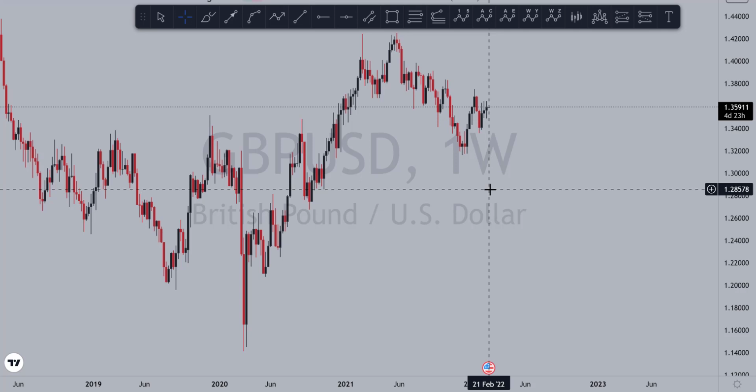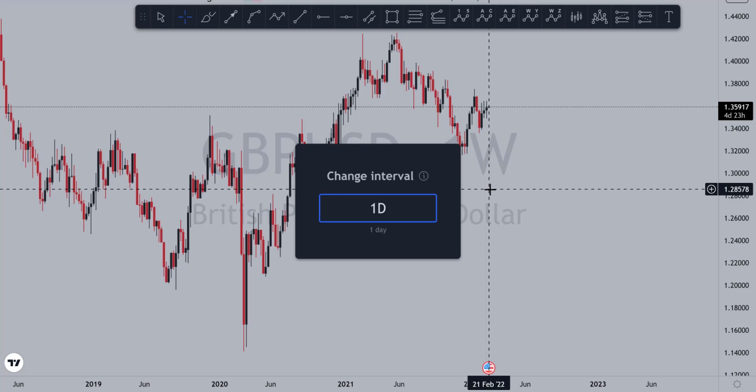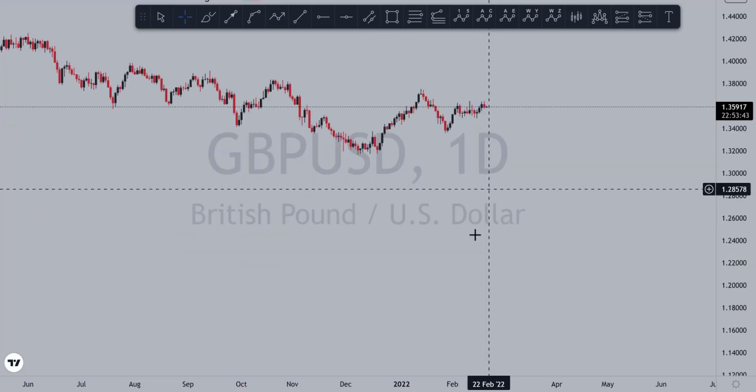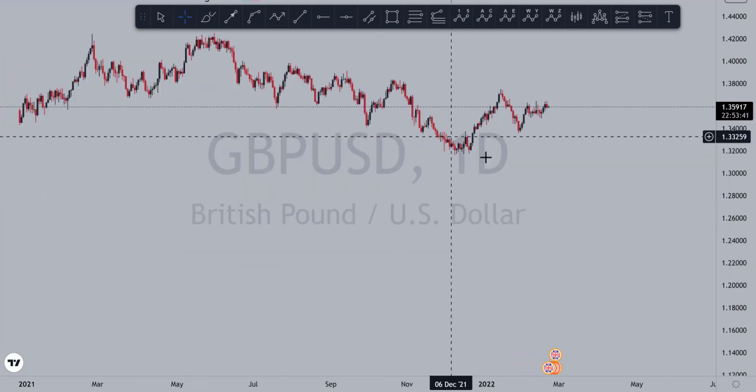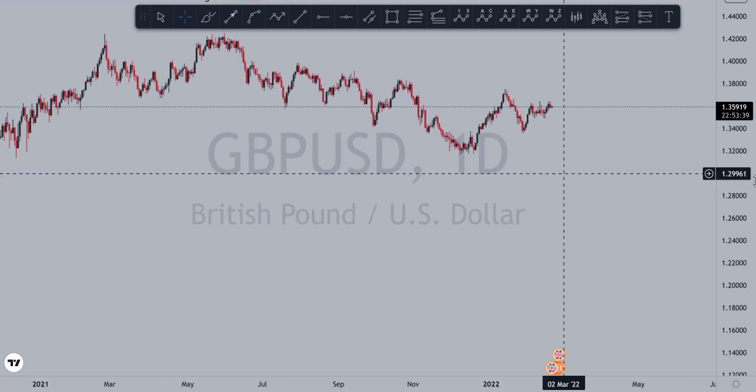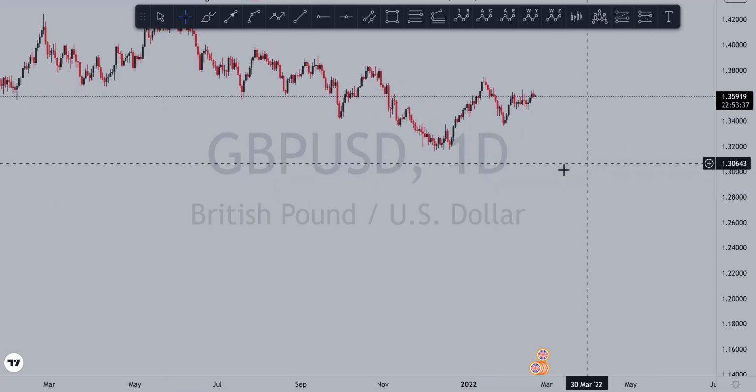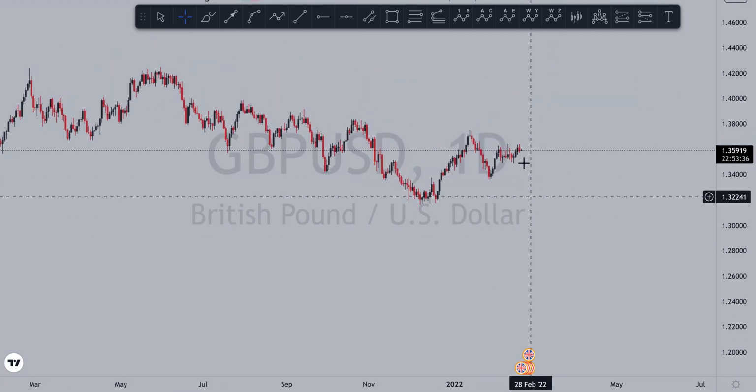So let's just go to D1 time frame and see what we have on D1 time frame and see if it's confirming what we are talking about there. So now we are on D1 time frame.